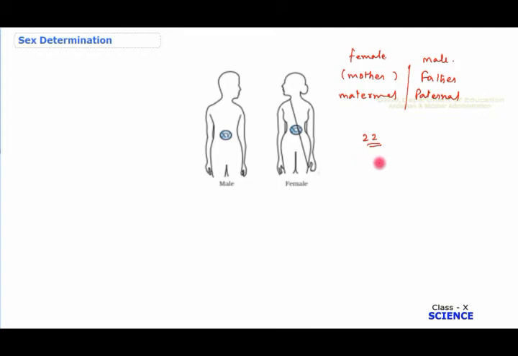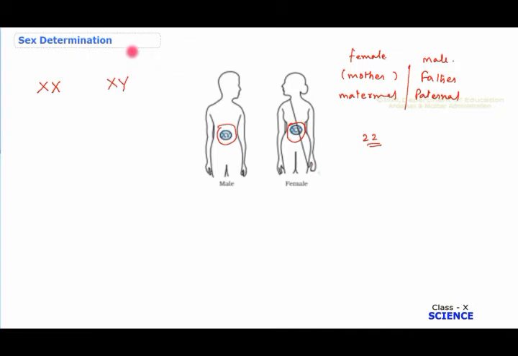But one pair, called the sex chromosomes, is odd in not always being a perfect pair. In case of female, the sex chromosome will be XX, and in male, the sex chromosome will be XY.